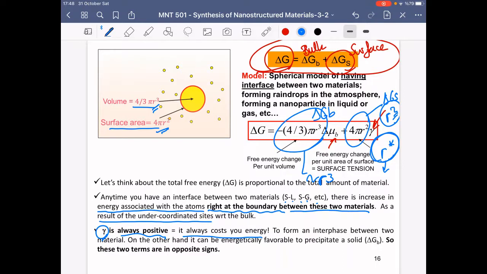On the other hand, it can be energetically favorable to precipitate a solid. So, okay, energetically favorable to precipitate a solid, that's the delta G bulk section. If you reach a certain supersaturation level, it's going to precipitate. And we know a lot of examples that happen due to that, right?